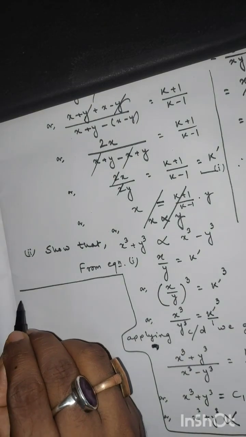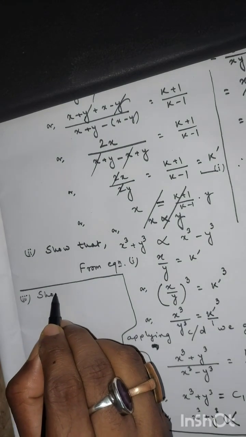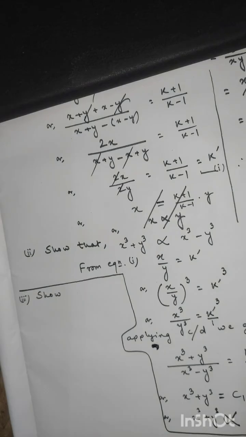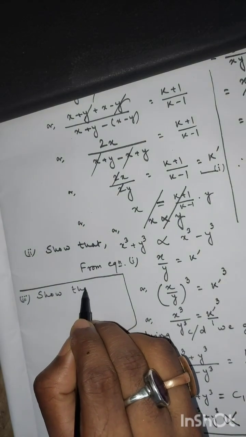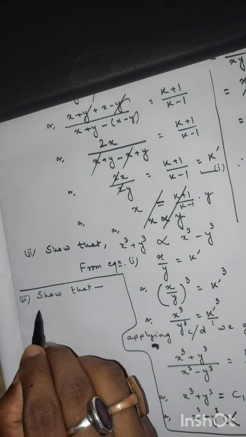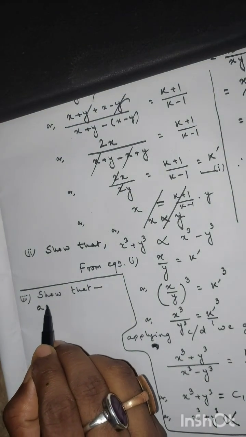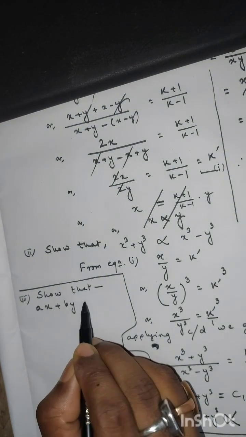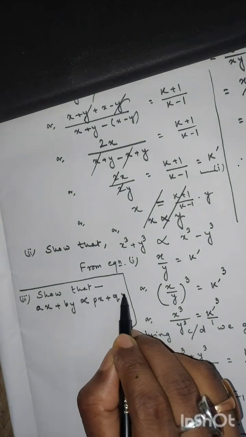So we have to show that ax plus by varies as px plus qy.